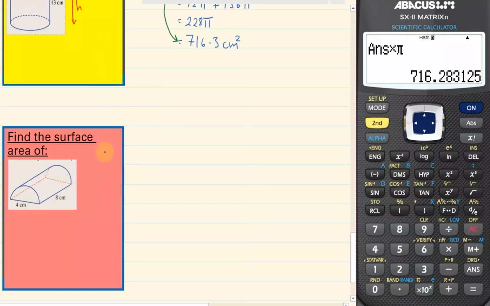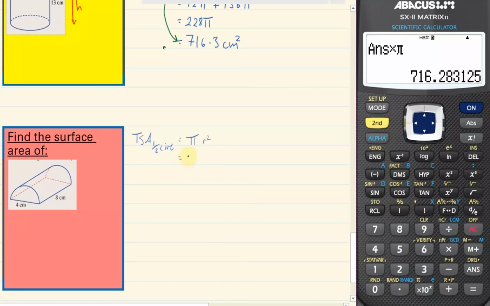So we've got 2 half circles here. Okay, so TSA of our half circles is equal to, well, if I've got 2 half circles, it's the same as 1 whole circle. Okay, so we know that a circle's area is pi r squared.